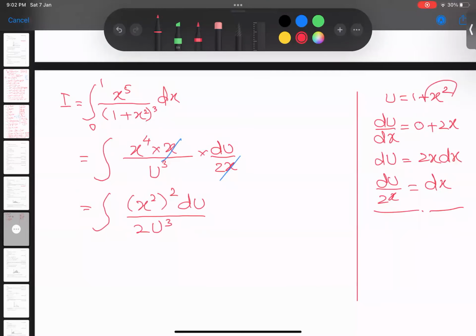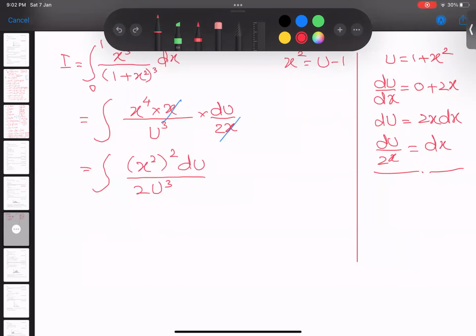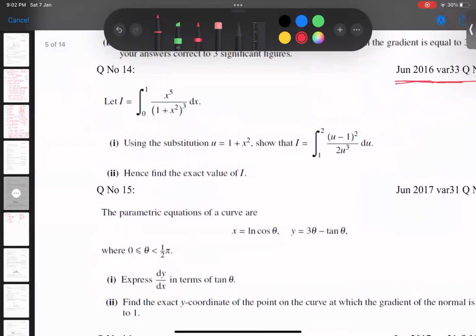Now if I make x square the subject, x square is equal to u minus 1. I replace this value inside, and ultimately I get u minus 1 whole square over 2u cube du. So you can see that this target is achieved.